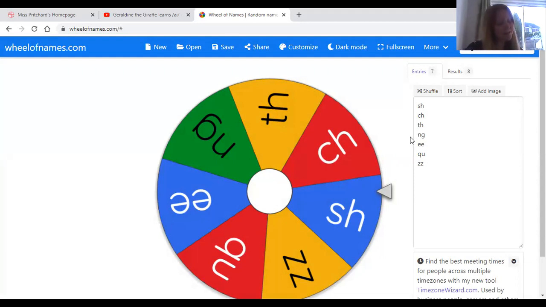Okay, super. You might have had a word like shop or ship or, I'm struggling to think of some words with the sh sound this morning. Shell and shop.